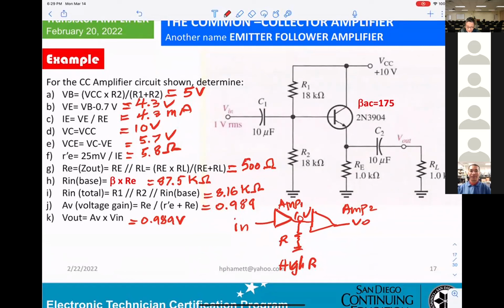Sometimes if they don't have a load resistance here, then the output impedance will be this guy, not parallel. But what about up into the collector area? They never have a resistor there? There must be no resistance. Okay, all right, thank you. So that's why they get common collector.